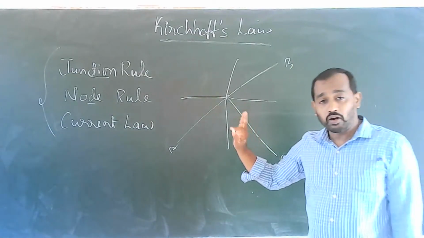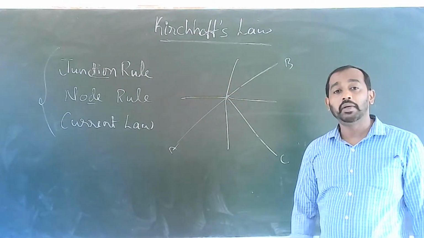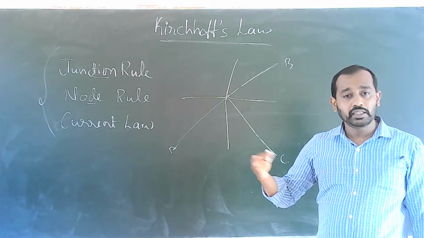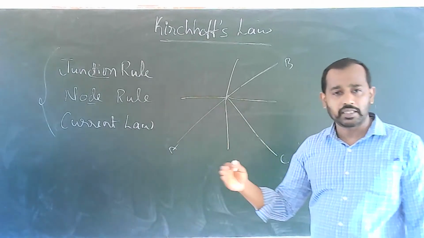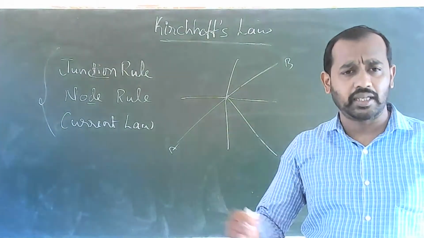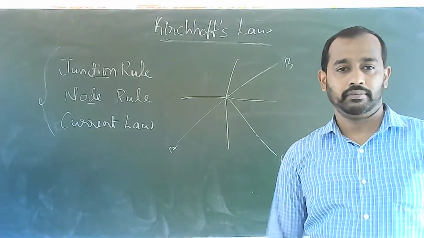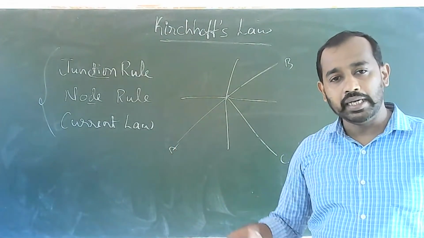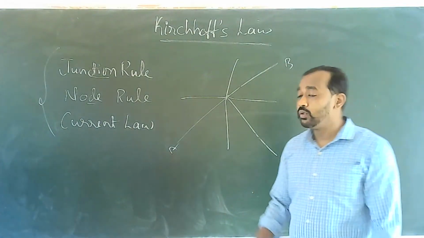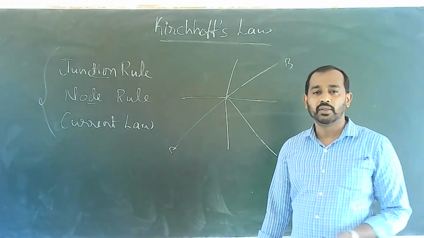Here also, we are not talking about roads, but we are talking about components. Components could be resistor, capacitor, cell, or even inductor or transistor, anything. But in our discussion, we are restricting ourselves to only two components.